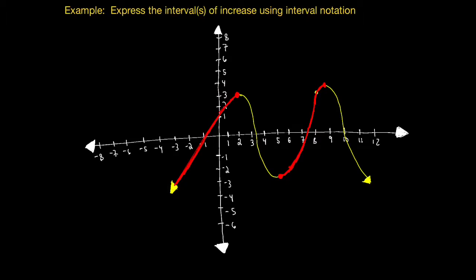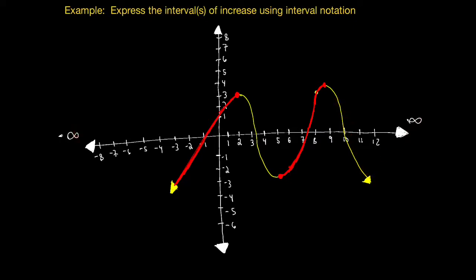Now we have to express this using interval notation. To do so, I'm going to first pay attention to this arrow. If we look at the left, you can see that we have a negative infinity right here. On the right, we're going to have a positive infinity, but we don't really care about this part since this was a decrease and not an increase.